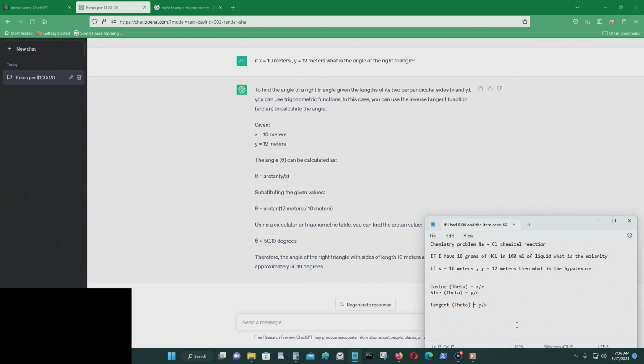Cosine theta is equal to x divided by r. So yes, that's tangent, that's correct. So it is y divided by x. So we know what y and x are.